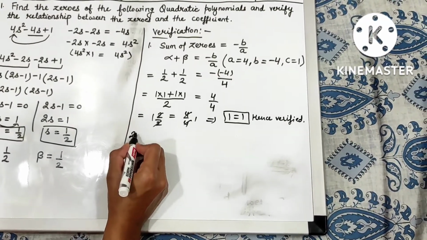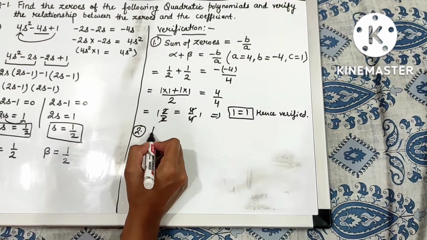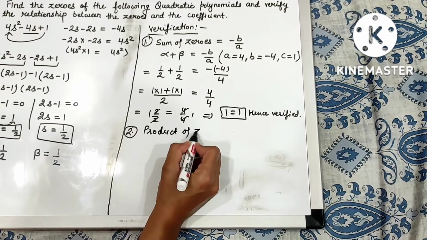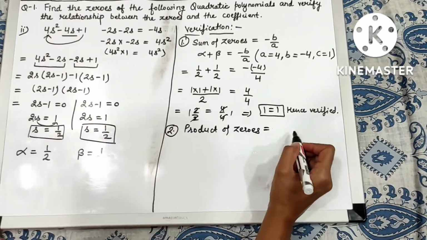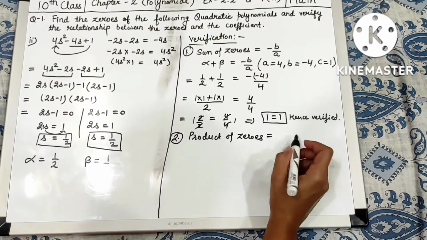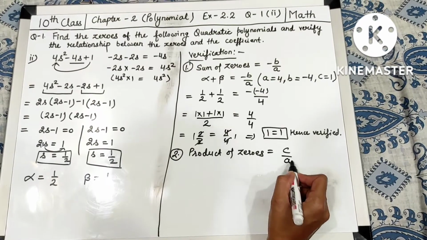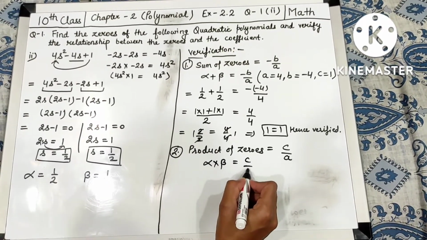Now the second rule is, this one is first, this one is second. Product of zeros. Student, product means multiply. If we multiply the zeros, then what will we get? C by a. Alpha into beta is equal to c by a.